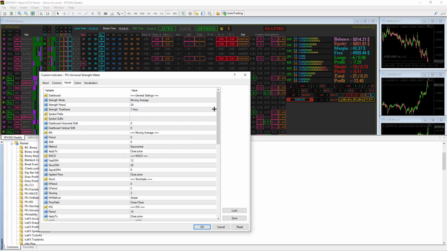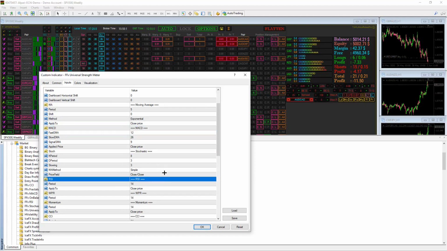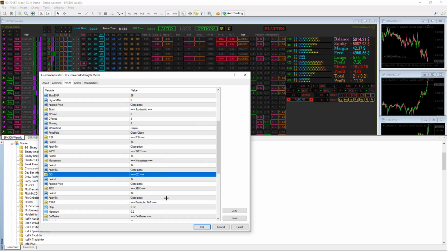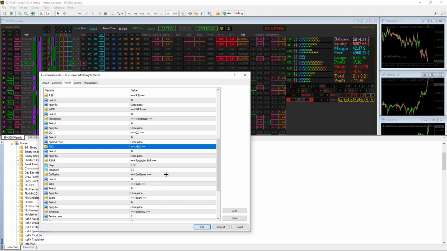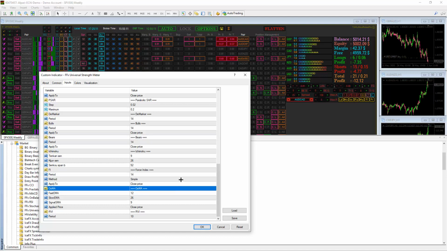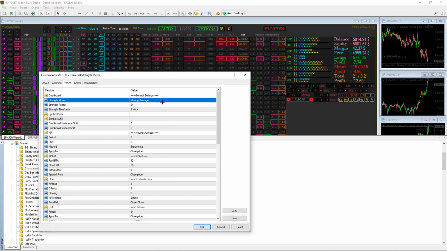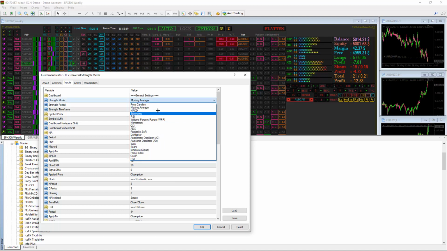Okay, take a look. It can use moving average. It can use MACD. It can use stochastic, RSI, WPR, CCI, ADX, DeMarker, Bull's Power, Ichimoku, Bear's Power, Force Index, OsMA, and RVI. Right now, it's set on moving average, but you can choose whichever you want.